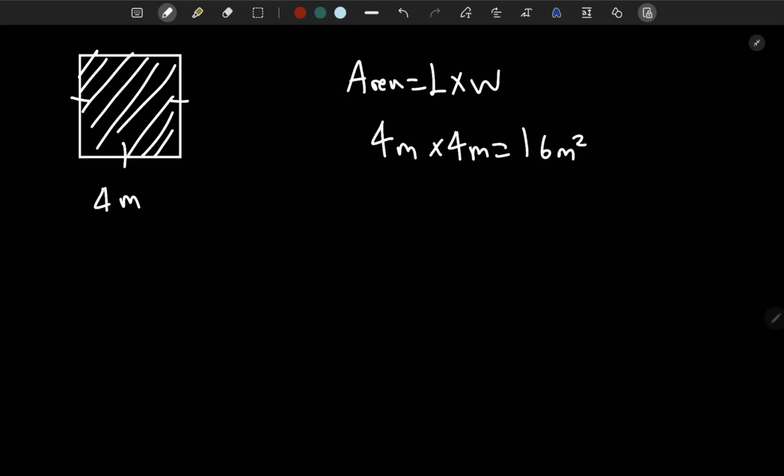Now let's move on to perimeter. By definition, perimeter is the total distance around the shape. So we would measure this part, this part, this length, and this length, and we will add all of them up. That is basically what perimeter is.